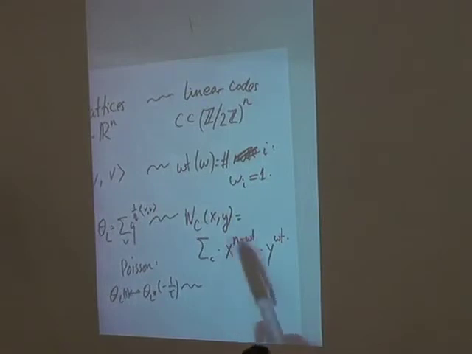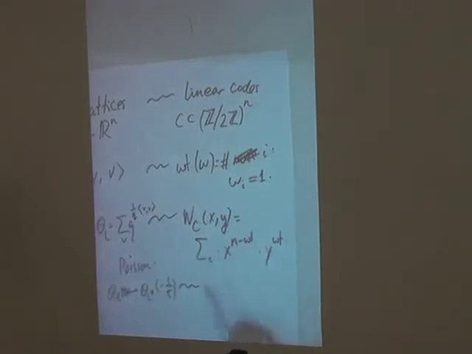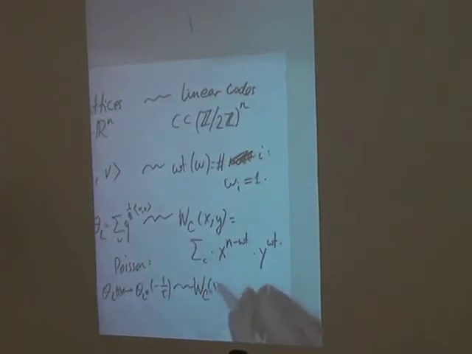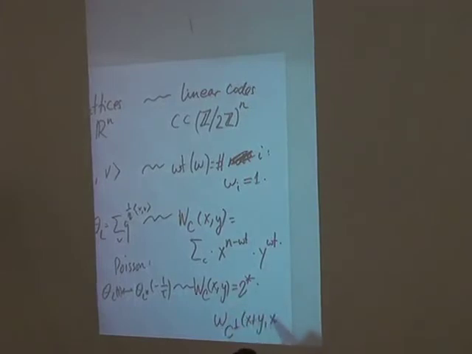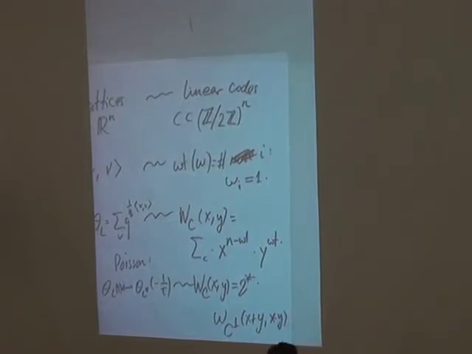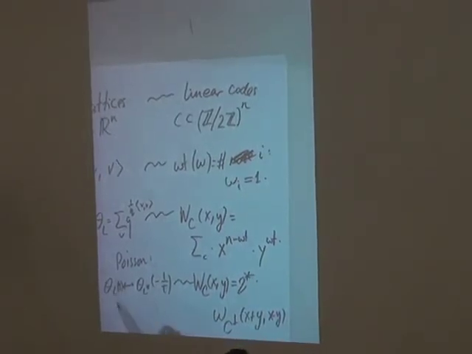So for instance, here there's no analysis, it's basically just the algebra of the discrete Fourier transform, and you find that the weight enumerator of the code at (x,y) is equal to some elementary factor, which here is just a power of 2, times the weight enumerator of the orthogonal complement evaluated at (x+y, x-y), right? So here L corresponds to its dual lattice, here C corresponds to its dual code.